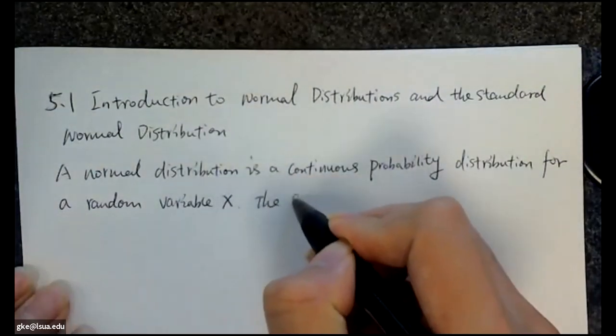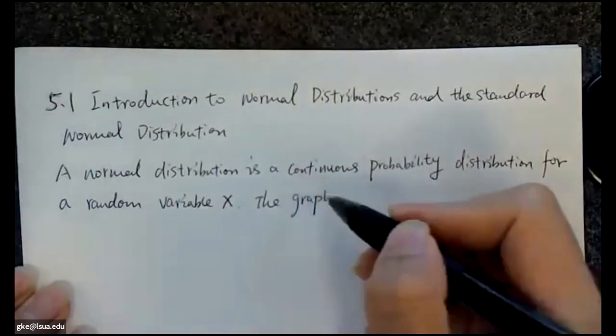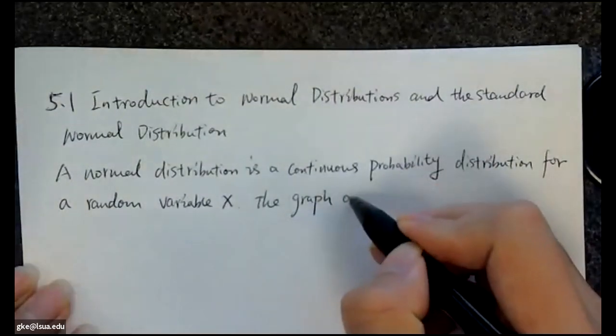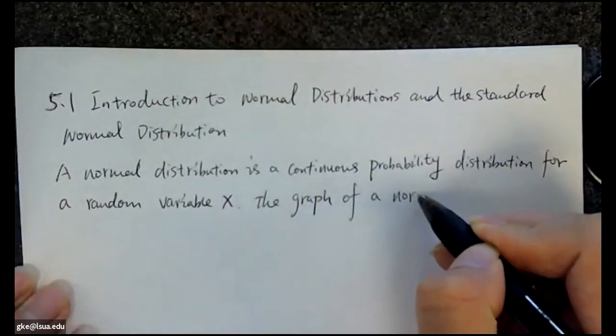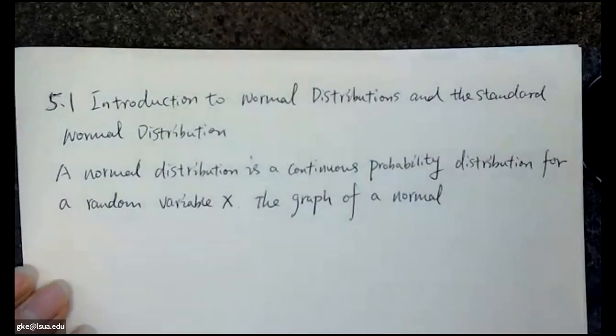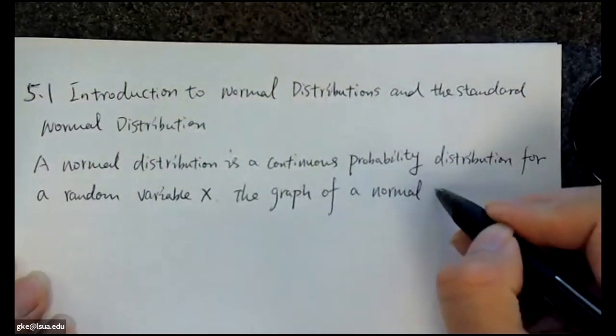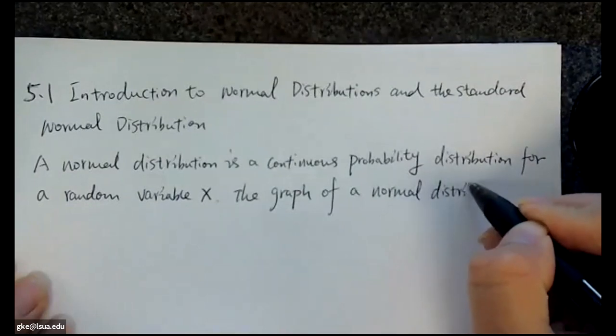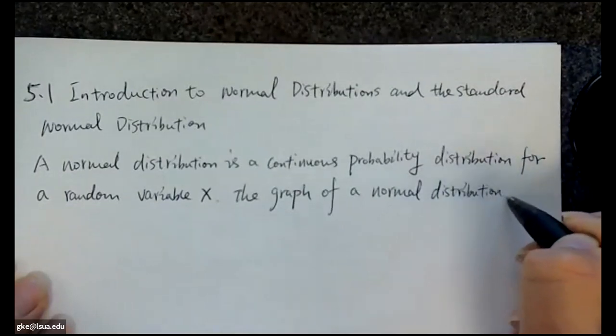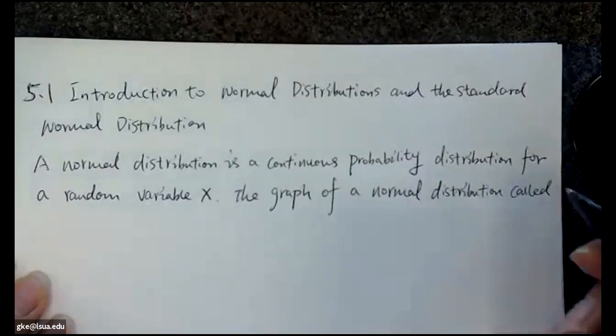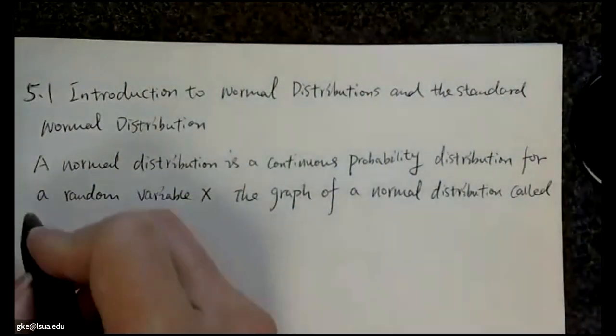The graph of a normal distribution is called the normal curve.